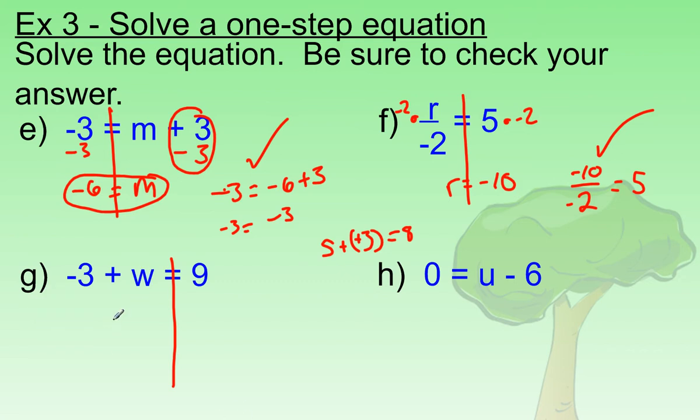The way I think about it, though, I honestly don't think about these as adding and subtracting. To me, this 3, it's negative. The way you get rid of a negative, the positive. That term will cancel out. On the other side, if you add 3, W equals 12.